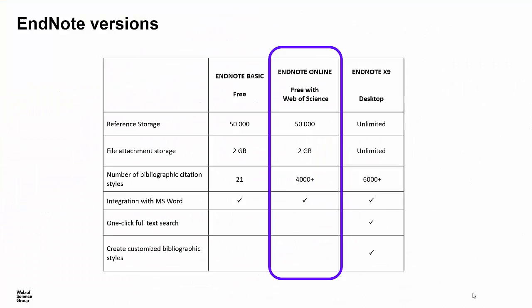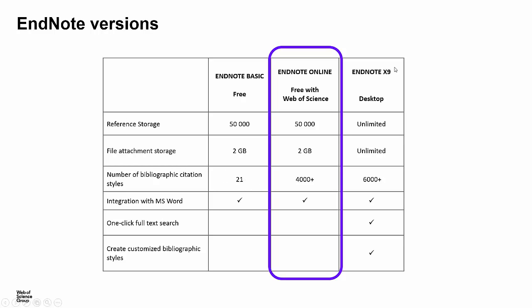I should also mention that EndNote Online is not the only version of EndNote that exists at the moment. There is the basic version as well that can be used when you don't have access to Web of Science. So please use that, but it's quite seriously limited, and you have only 21 bibliographic citation styles here, which is not very comfortable for work.